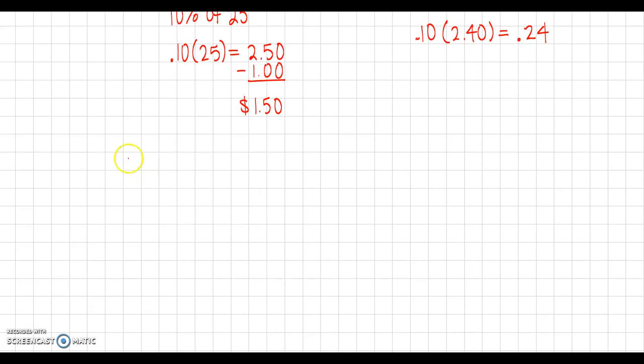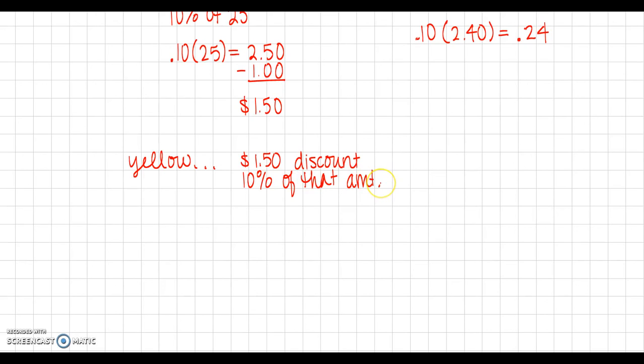Now we have the yellow, and it says take $1.50 off, and then 10% of that amount. And the original price is $30.